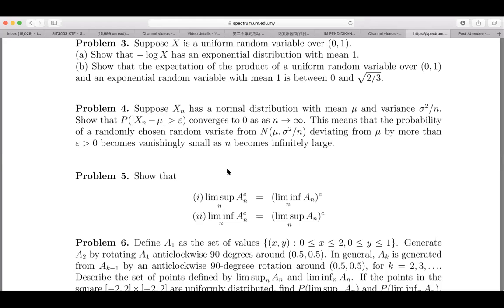Okay, then number 5 basically is just playing with De Morgan's law. Yeah. Just try out De Morgan's law. Anyone? Simple enough.